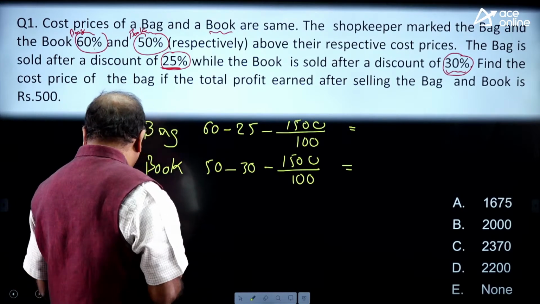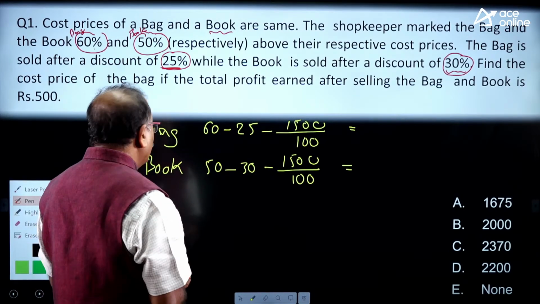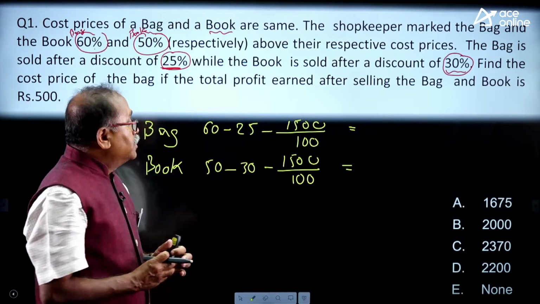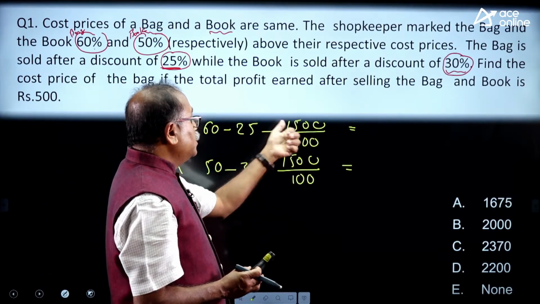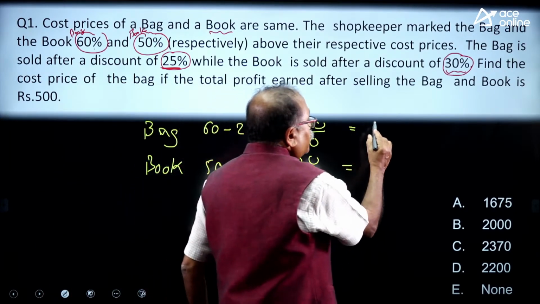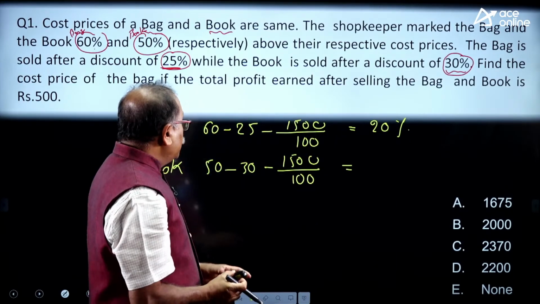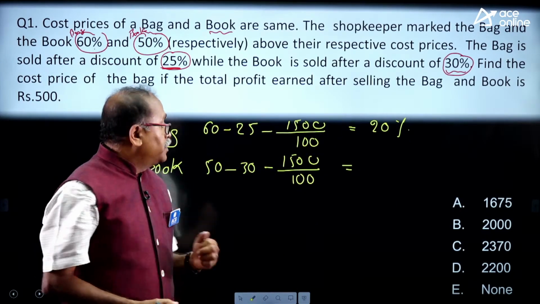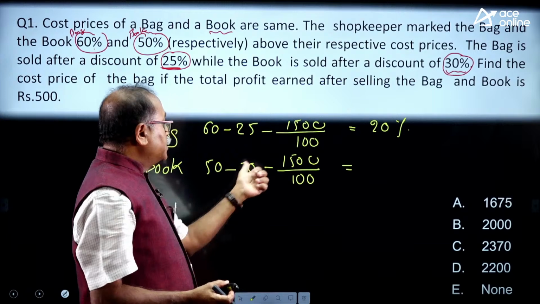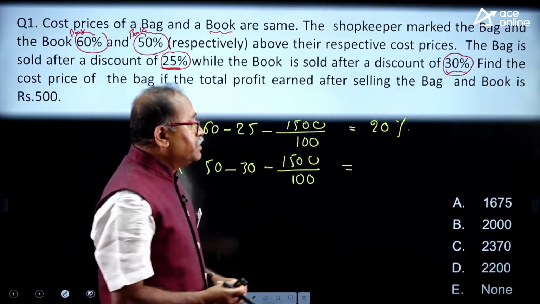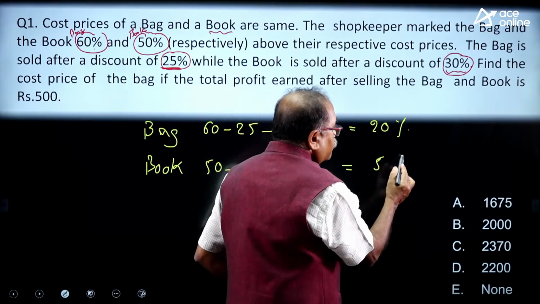Let me further write down what I am getting over here. Here it is 1500 by 100, that means I am getting 15% profit on the bag. Is that clear? And what is the profit on the book? That is 50 minus 30 and minus 15, that means 5% is the profit over here.